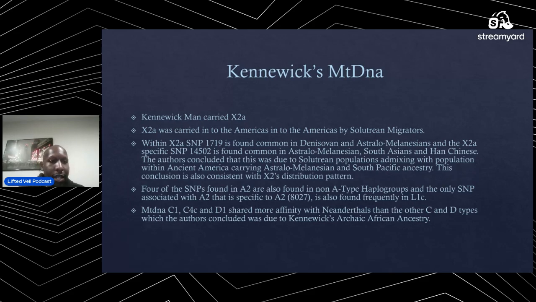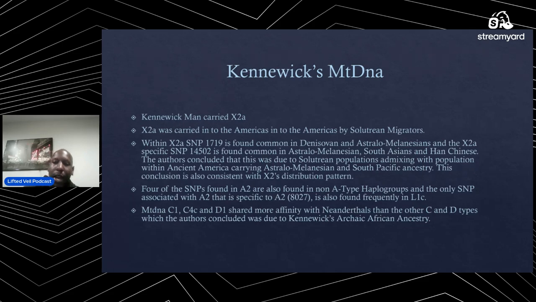Within X2A, the SNP 1719 is found common in Denisovans and Australo-Melanesians, and the X2A-specific SNP 14502 is found common in Australo-Melanesians, South Asians, and Han Chinese. The authors concluded that this was due to Solutrean populations admixing with populations within ancient America carrying Australo-Melanesian and South Pacific ancestry. This conclusion is also consistent with X2's distribution pattern.